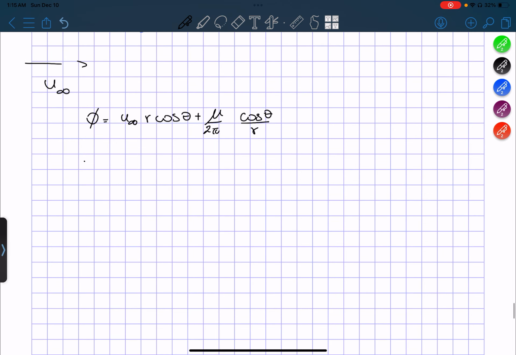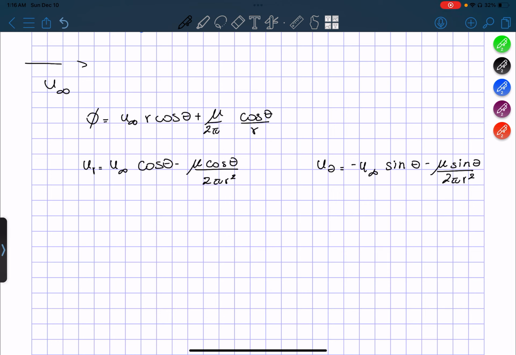Then we have our radial velocity, and we're doing all this in polar coordinates: u infinity cosine of theta minus mu cosine of theta divided by 2 pi r squared. And of course, our tangential velocity, which is equal to negative u infinity sine of theta minus mu sine of theta divided by 2 pi r squared.